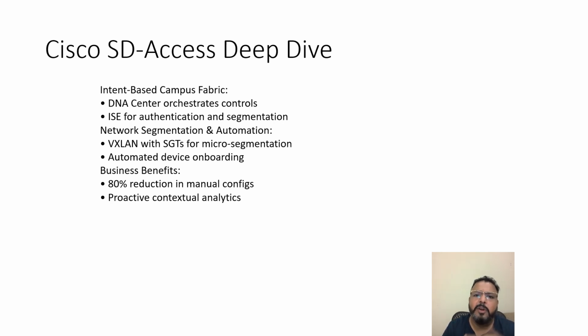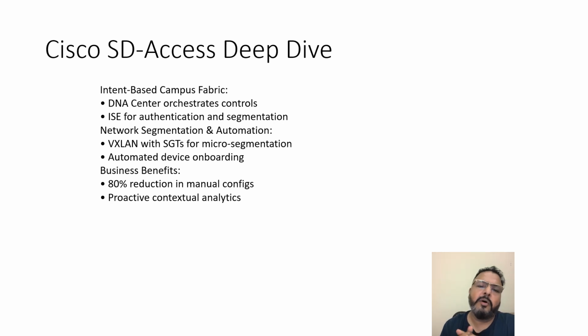Finally, let's not forget the monitoring part, and at the end, the insight. DNA Center AI network analytics is a powerful tool. It uses machine learning to analyze huge amounts of telemetry data.